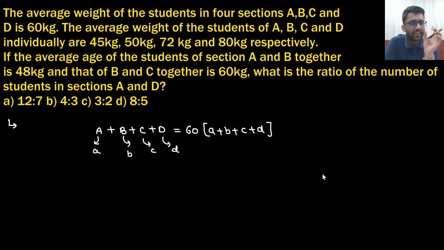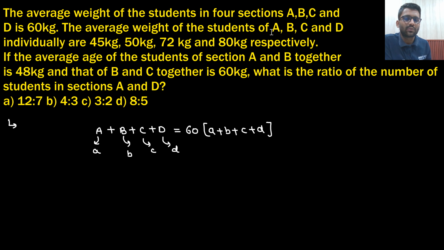And the average weight is 60 kg. So if I combine all the weights of A, B, C, D, then what will be the total number of students? A plus B plus C plus D. That is the average, so 60 into (A plus B plus C plus D), right? Now what they are saying is that the average weights of the students of A, B, C, D are individually different.